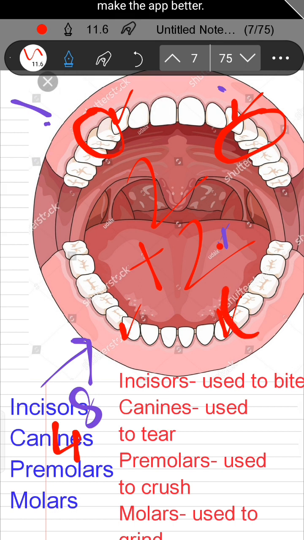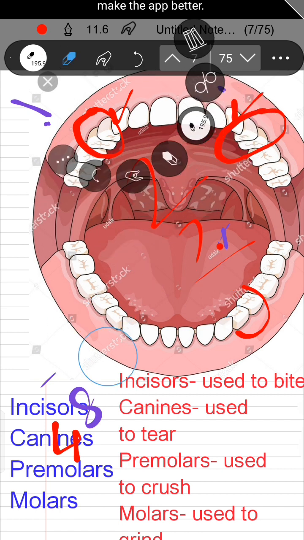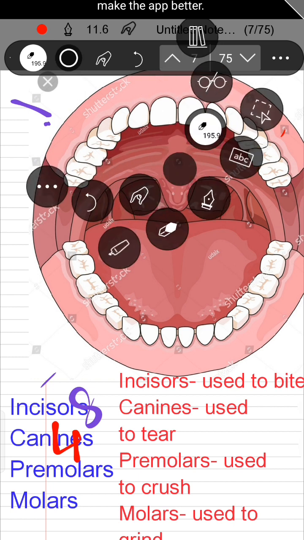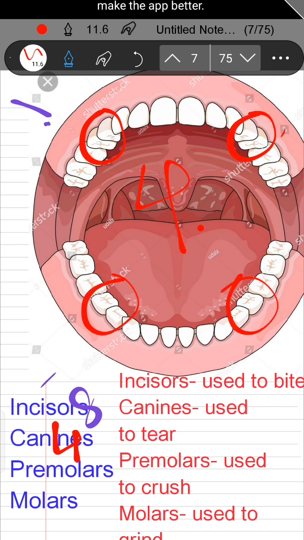Similarly, in the lower jaw, these 2 and these 2 teeth are called premolars. So how many premolars are there in our mouth? 2 plus 2, 4. So there are a total of 8 premolars in our mouth.